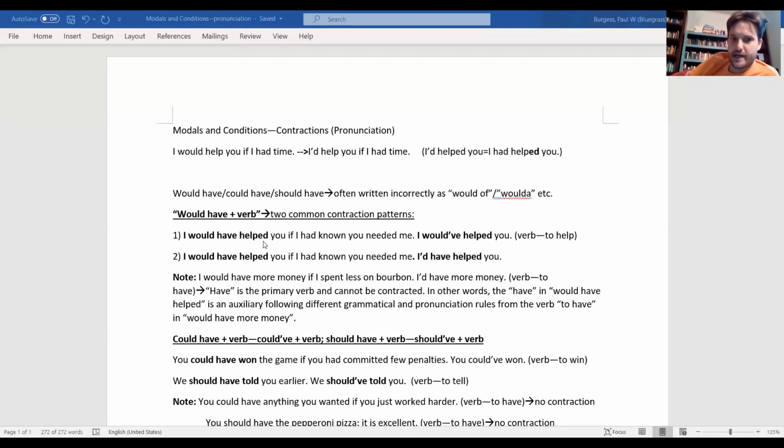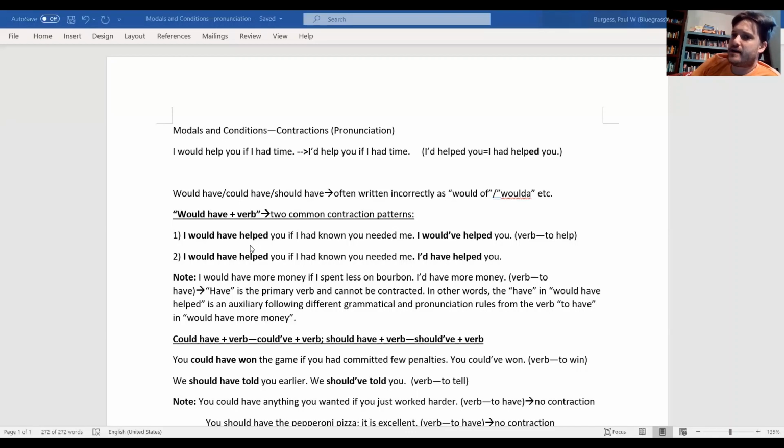Let's take a look at a couple other examples, starting with our note here. I would have more money if I spent less on bourbon. I'd have more money. Notice how strong have is there? That's because have is not auxiliary in that sentence. It is the verb. I'd have more money.